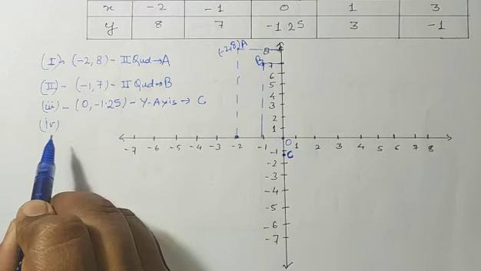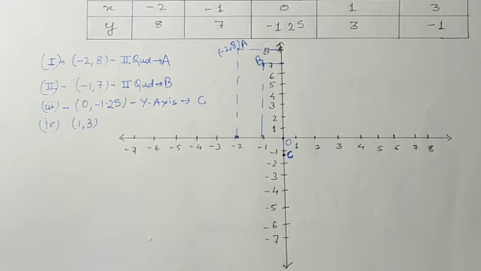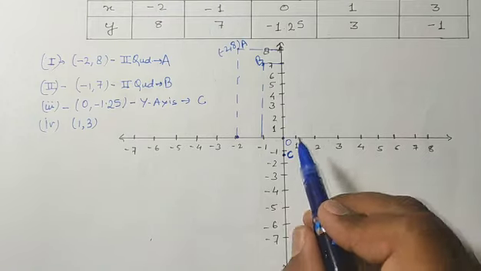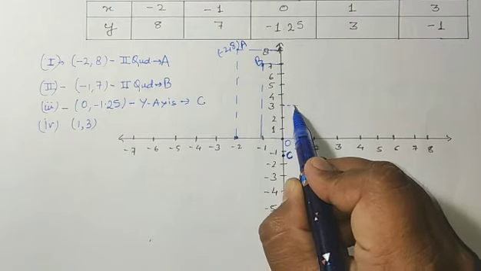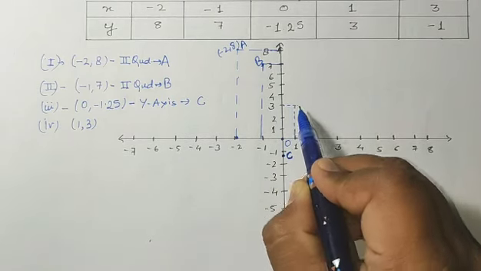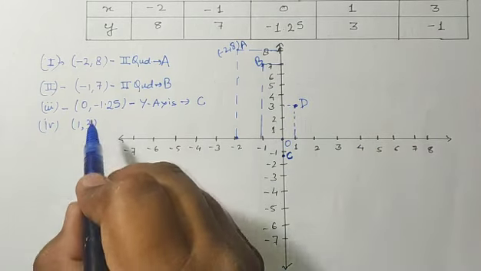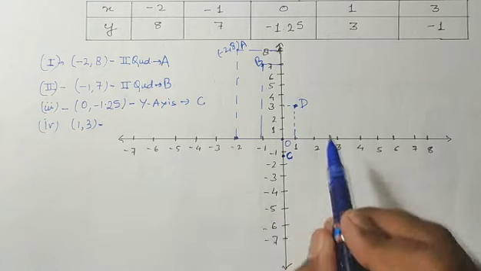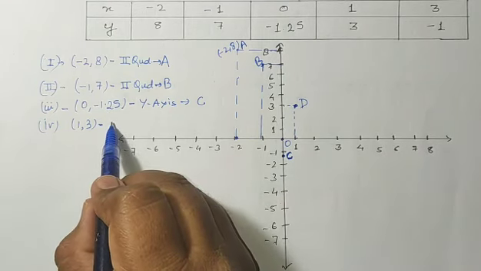Fourth point is 1, 3. So towards the x direction it has traveled 1 and towards the y direction it has traveled 3. So draw perpendicular lines. Suppose this is point D. Point D is 1, 3 and where does it lie?